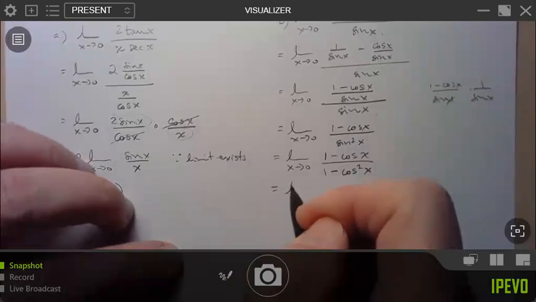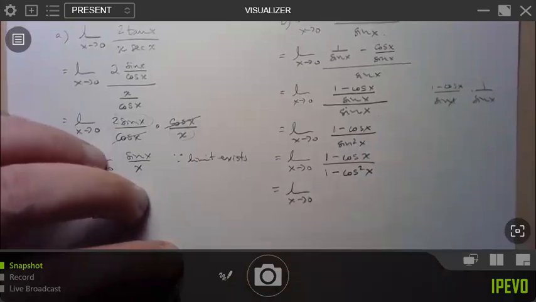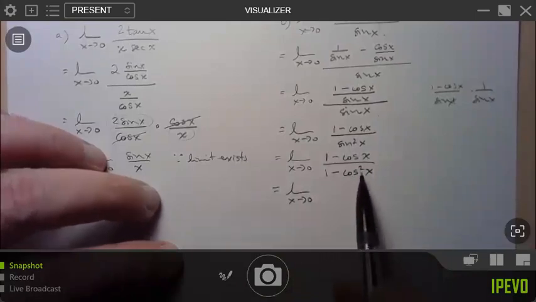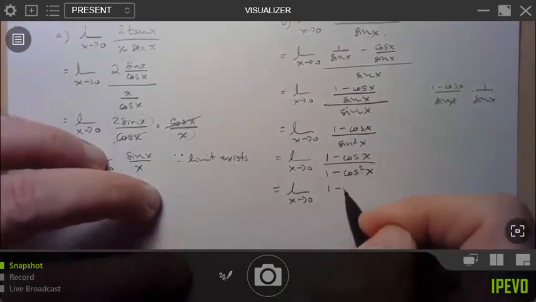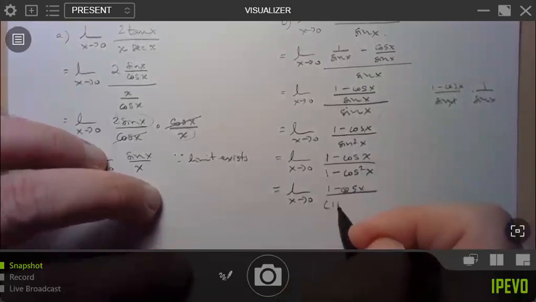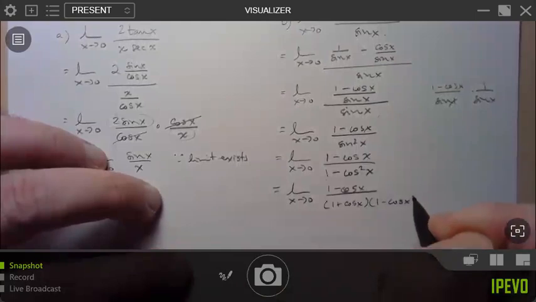And this is where, again, you think about the trick that we used at least a few times last semester when we were looking at trig identities: this represents a difference of squares. So it means I can factor it like a difference of squares. This can be factored as 1 plus cos x times 1 minus cos x.